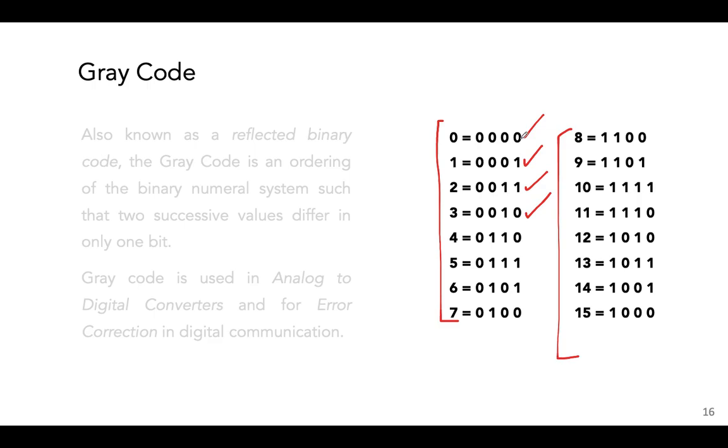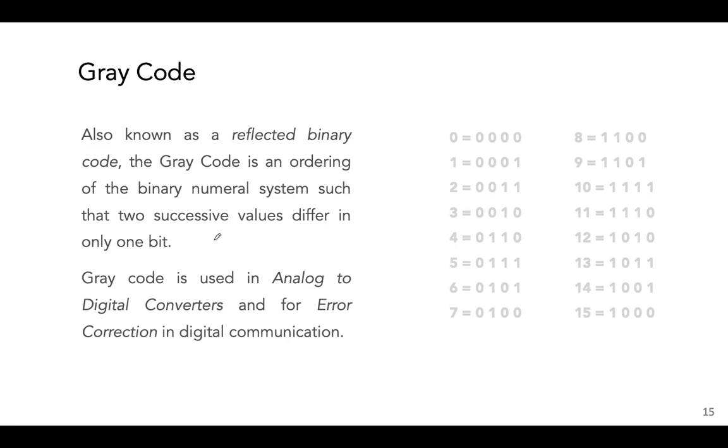Like you can see, here only this bit is changed. Then from 1 to 2, only this bit is changed. And then 2 to 3, this 1 is converted to 0. And then from 3 to 4, this 0 is changed to 1.